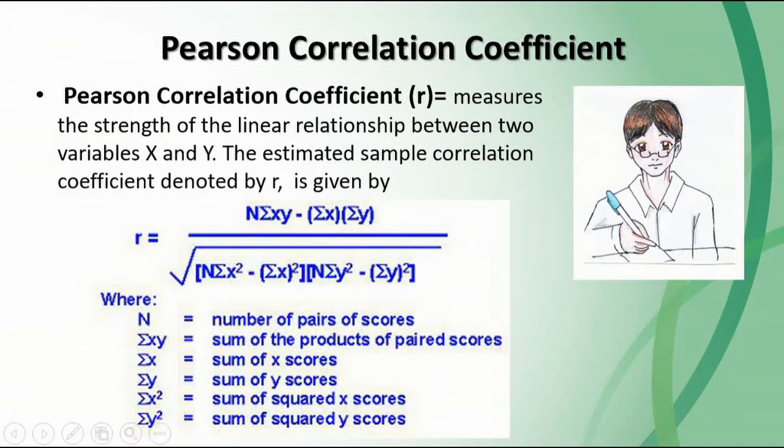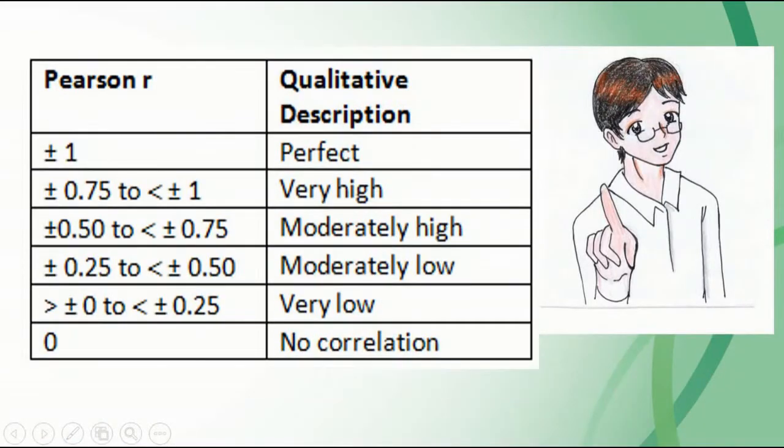So Pearson r and its qualitative description. Positive or negative 1 means it is perfect. Positive or negative 0.75 to less than 1 means it is very high. Positive or negative 0.50 to less than 0.75 means it is moderately high.